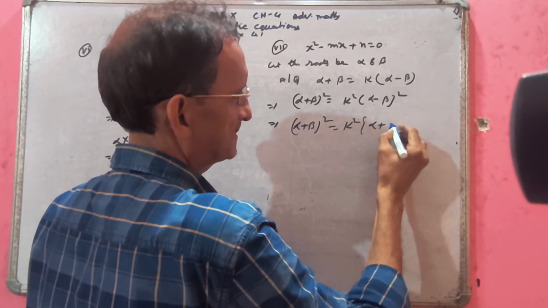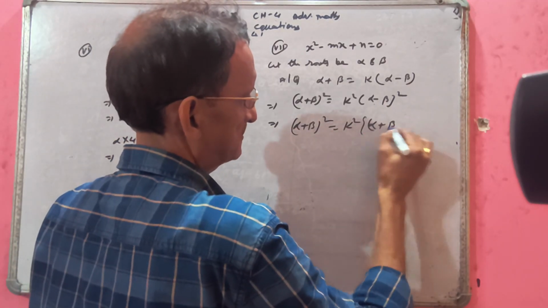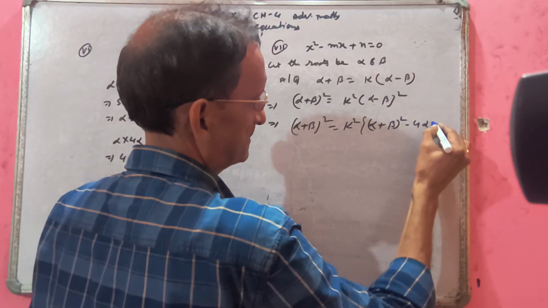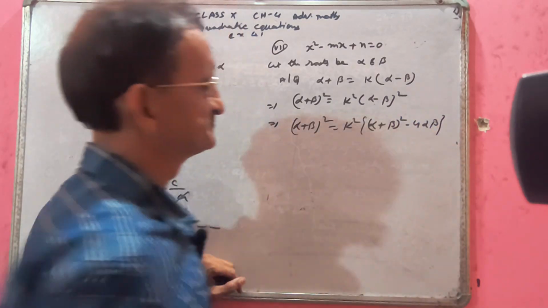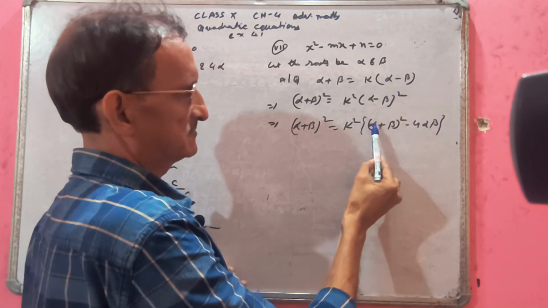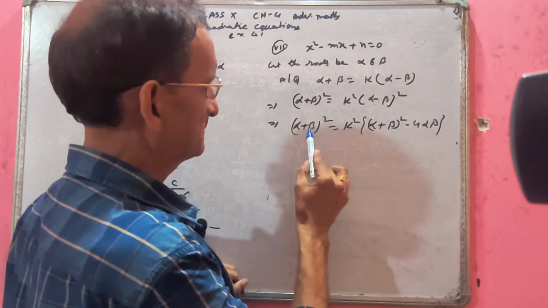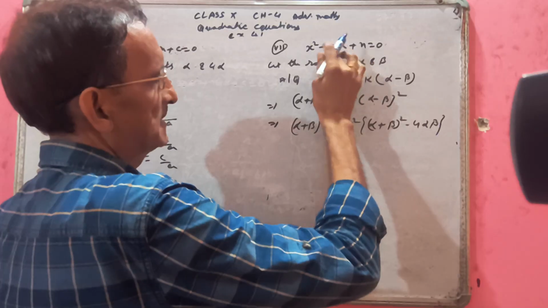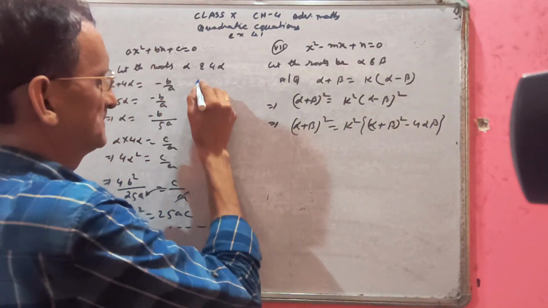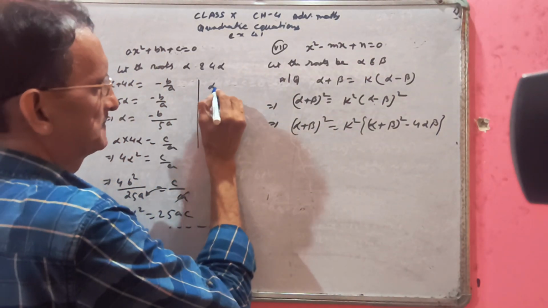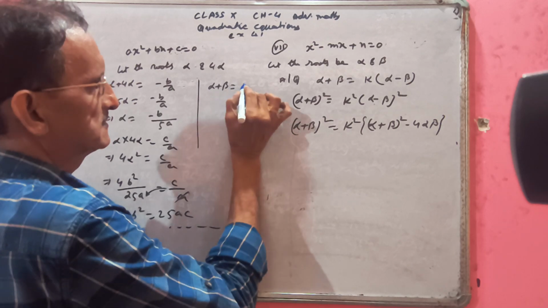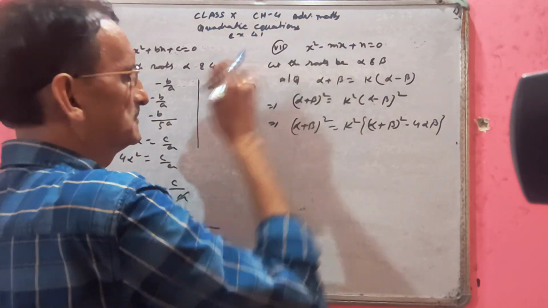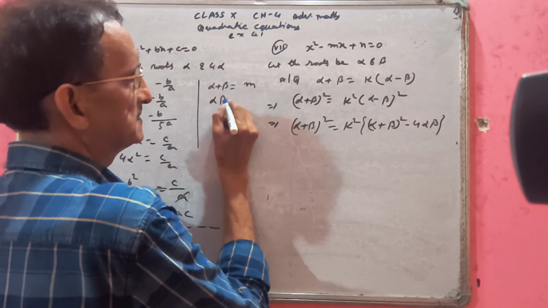You know the corollary: a minus b whole square equals a plus b whole square minus 4ab. We have the value of alpha plus beta and alpha into beta. Better you write here: alpha plus beta equal to m, and alpha into beta equal to n.